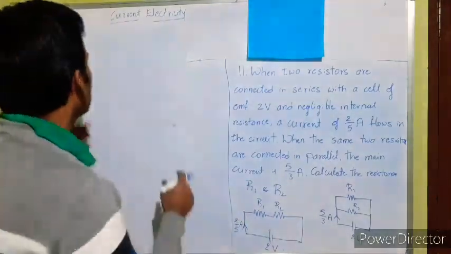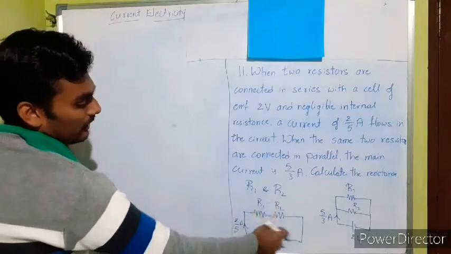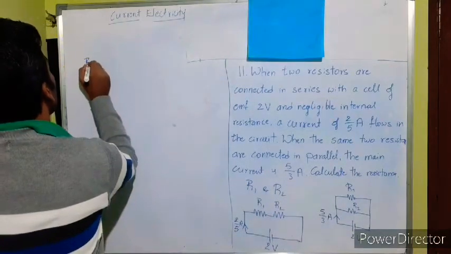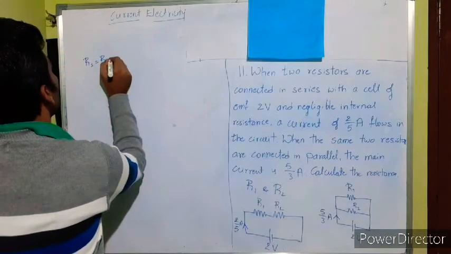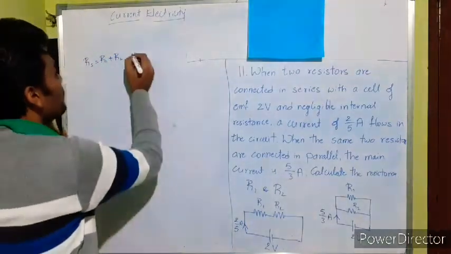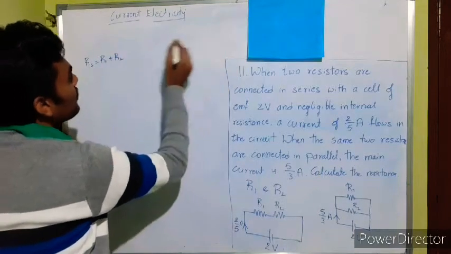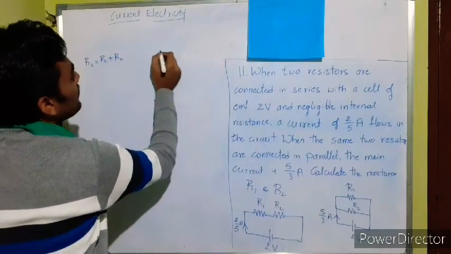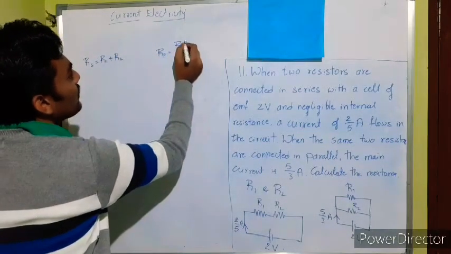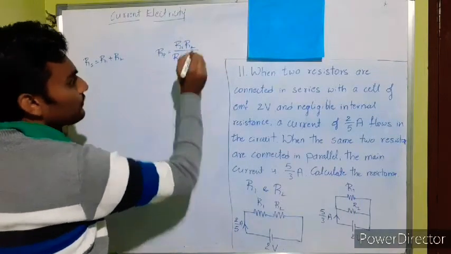Now let me take the first circuit and get the effective resistance. Since the combination is series, I can get Rs is equal to R1 plus R2 for the first situation. Similarly, writing the expression for the second situation, I can write Rp is equal to R1 R2 by R1 plus R2.